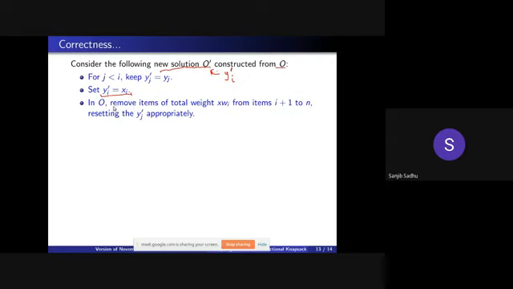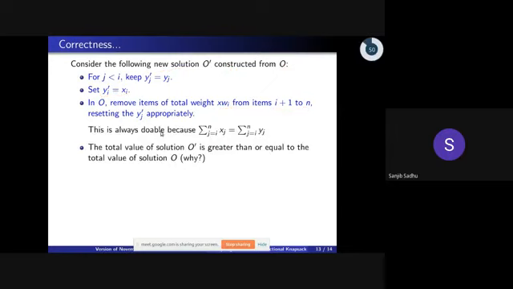Now in O, remove items of total weight x times wi from items i plus 1 to n, resetting the yj values appropriately. That means in the optimal schedule, remove items of total weight x wi. What was x? x was equal to xi minus yi.